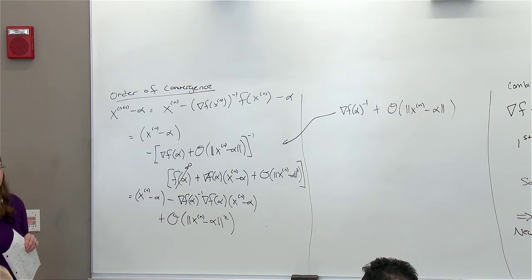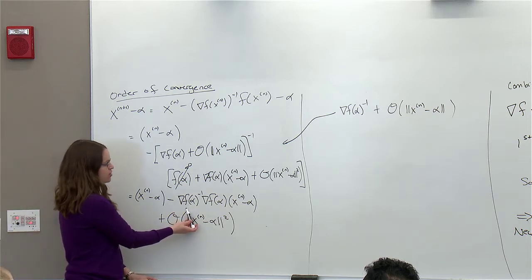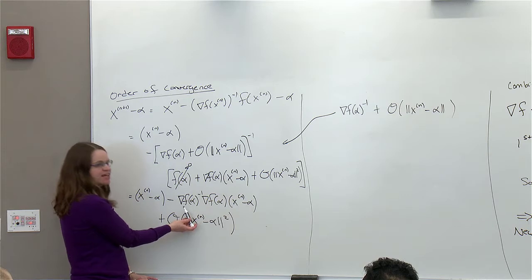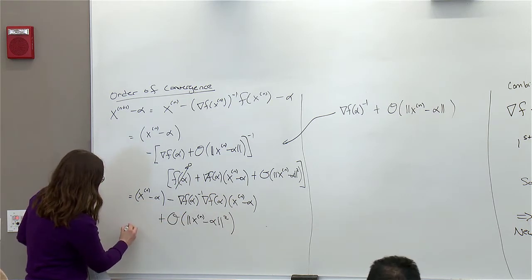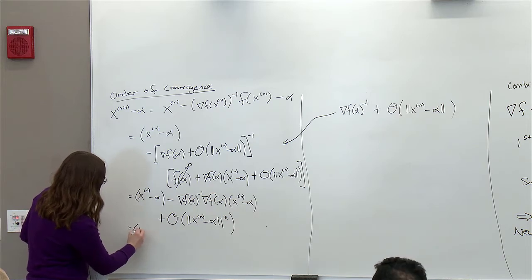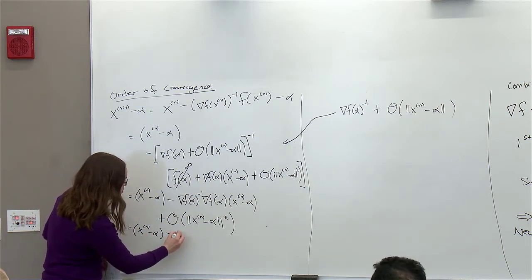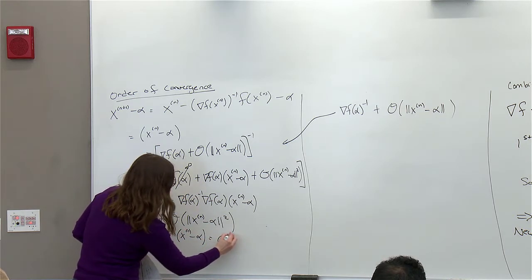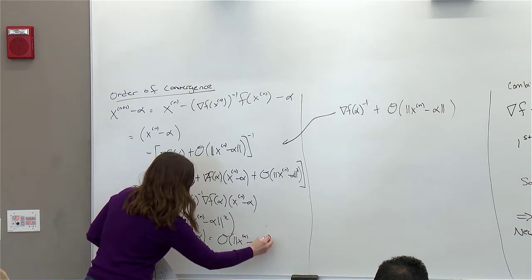Now, can I simplify this? Yeah, I can, right? Because what's here? This is the best thing I could have hoped for with matrix multiplication. I get the identity, exactly. I have a matrix times its inverse. So all of that is the identity, and what do I really have? I have xn minus alpha minus the identity times xn minus alpha, plus something that scales like x minus alpha squared.